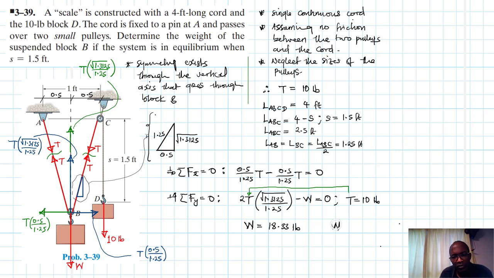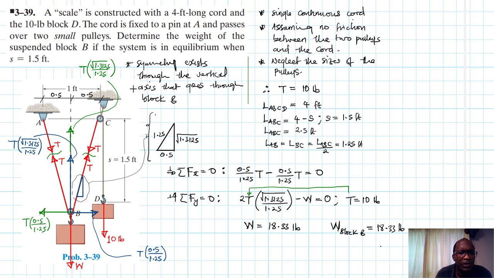So we'll say therefore the weight of block B is equal to 18.33 pounds. Great.